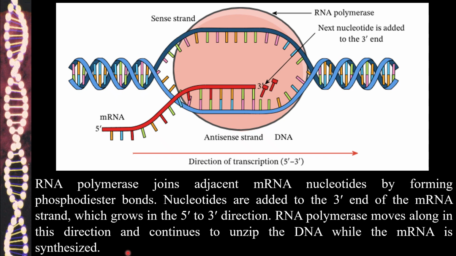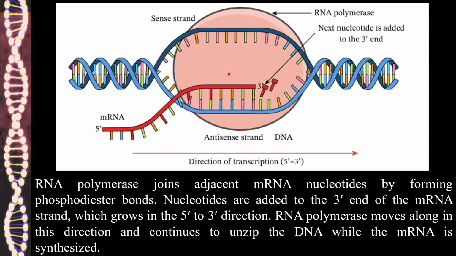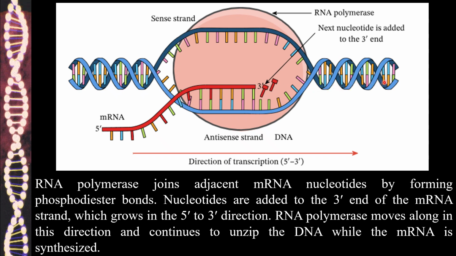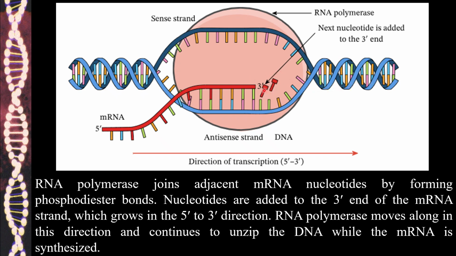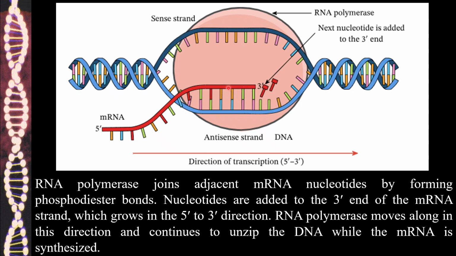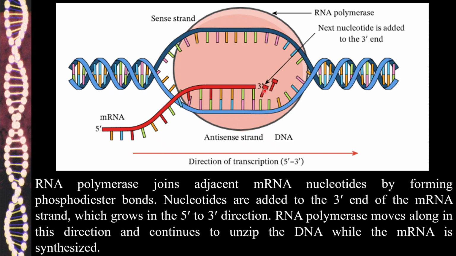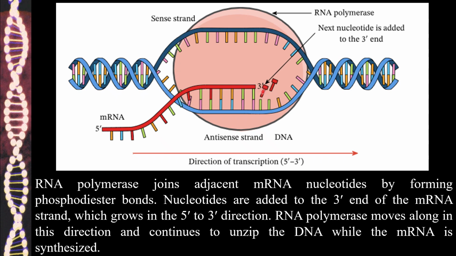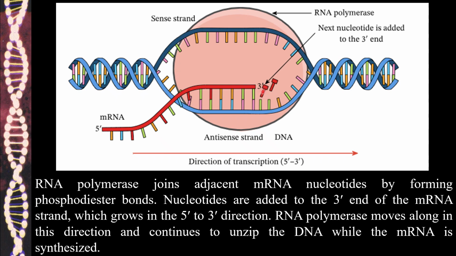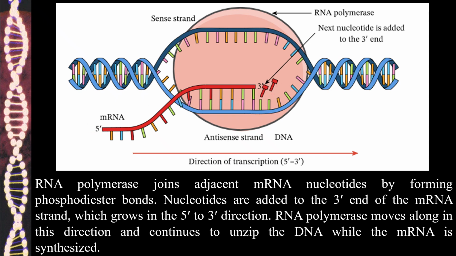As I already explained, the RNA polymerase will move forward and unzip the DNA helix, and the new nucleotides will keep adding to the 3' end of the adjacent nucleotide, and the new nucleotide will be at its 5' end. So 3' and 5' form the phosphodiester linkages, but the direction of growth will be 5' to 3'.